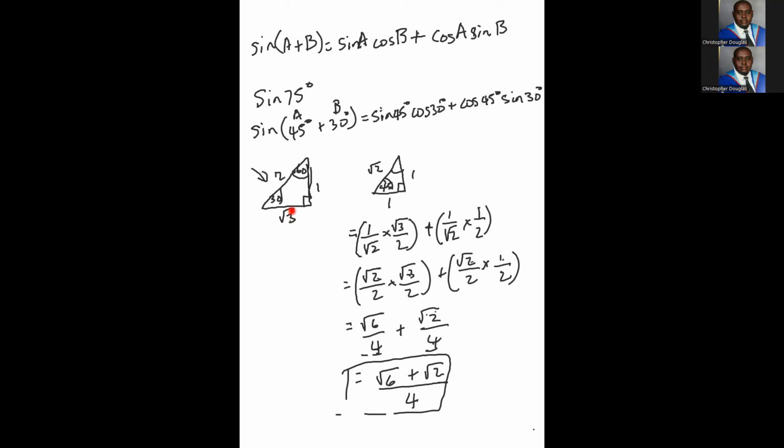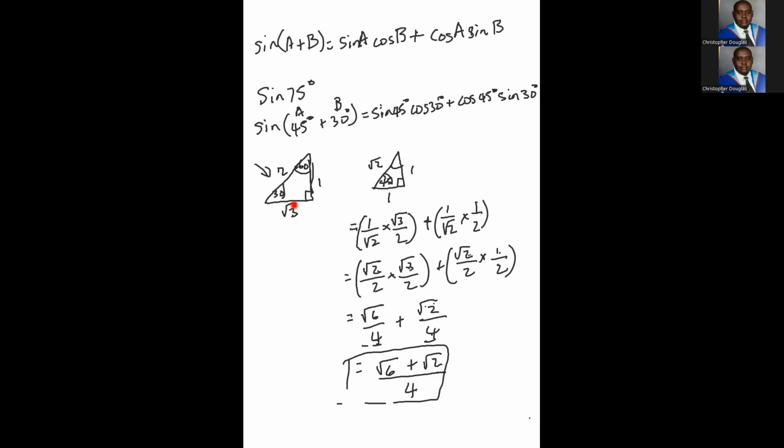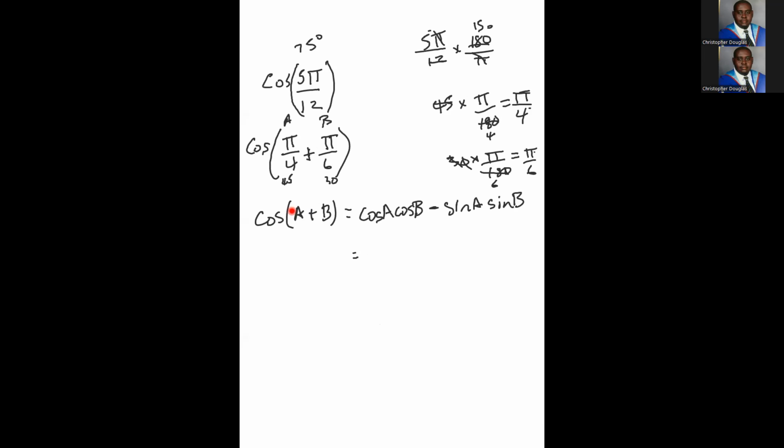So I just make the adjustment as I move along. I'll have to write out what I'm actually doing here. So cosine pi over 4, cosine pi over 6, minus sine pi over 4 times sine pi over 6.